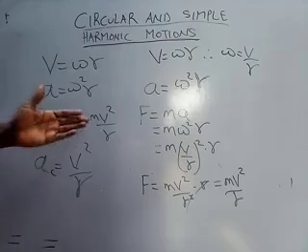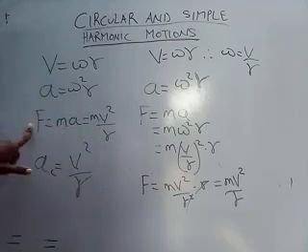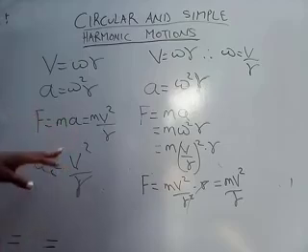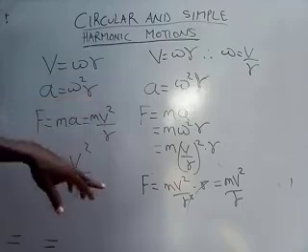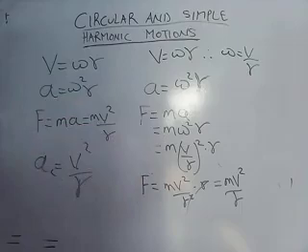If you know the mass of the object, the velocity and the radius, you can easily get the force. If you're not given the velocity but given the acceleration, you can use this. If you are given omega and the radius, you can still go ahead and use this. There is no issue.